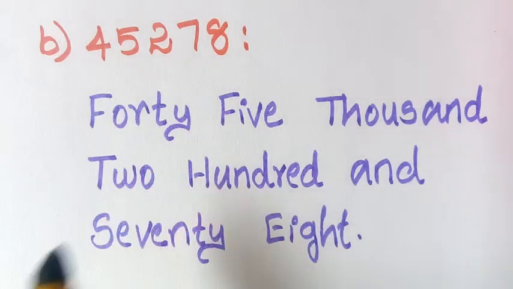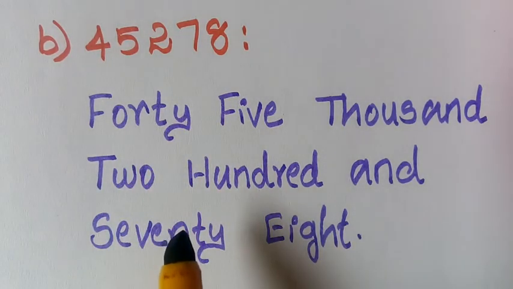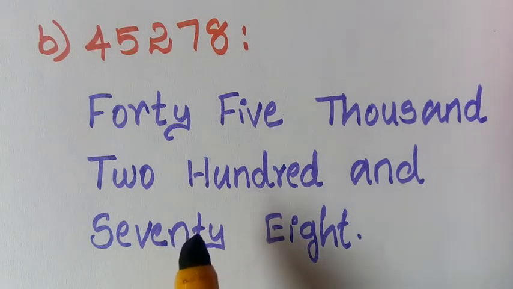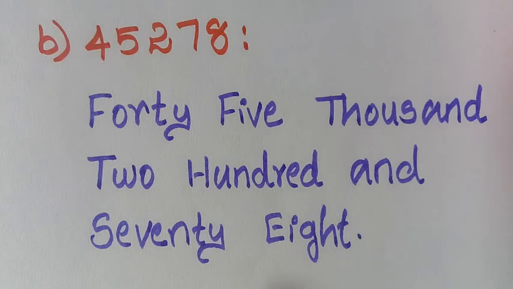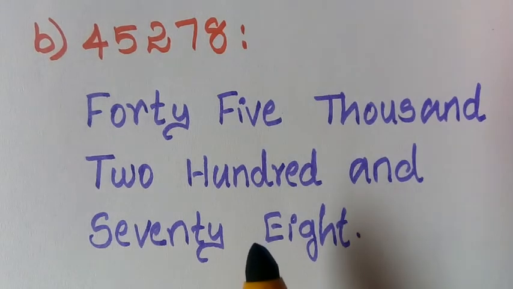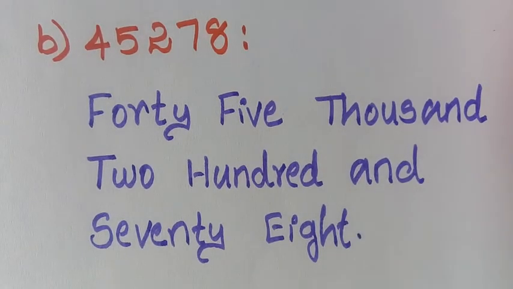After reading the number, you need to write the expanded form of this number. I already told you, for expanding the number, first you need to write the digit, then into the place value of that number. Then you need to put the plus sign. Then the next digit into place value, then plus sign, and so on. Okay, we will check how to write the expanded form of 45,278.